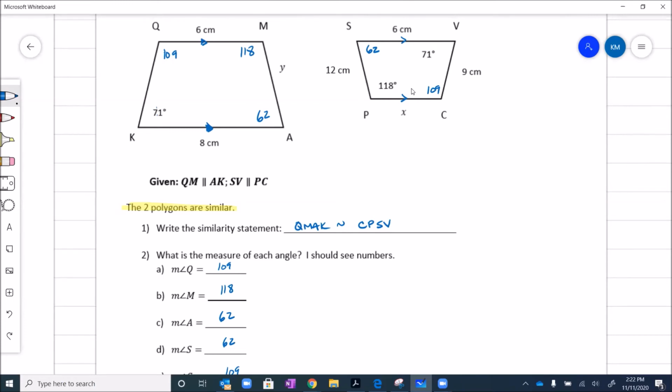But since they told us that the figures are similar, then we can just use this information and say, okay, KA corresponds with VS, right? KA is 8, VS is 6. So our similarity ratio between these two, since they're similar, should be the same throughout the two figures. That similarity ratio is 4:3.